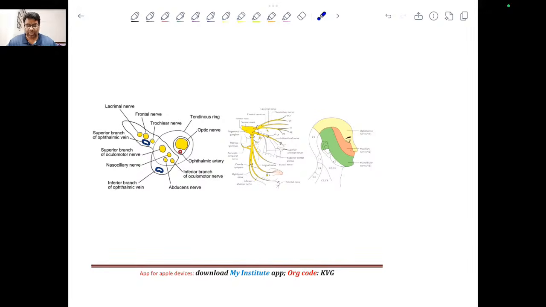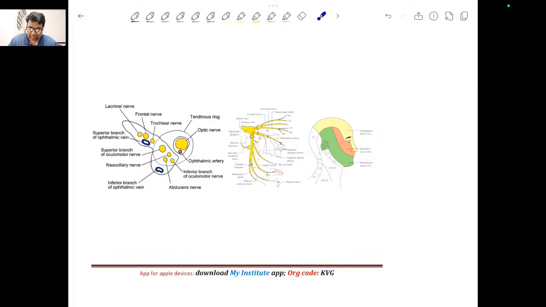As I already told you, 3 cranial nerves. The third nerve having 2 divisions, the superior and the inferior, then the fourth and the sixth. Clear? So third, fourth, sixth.